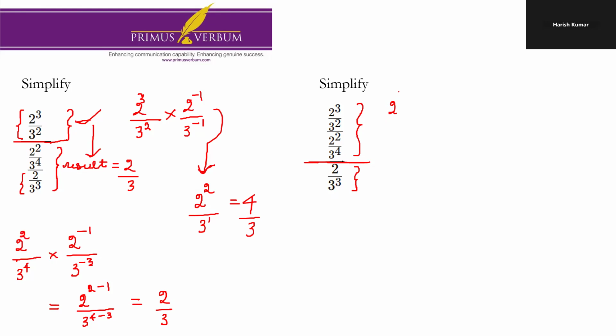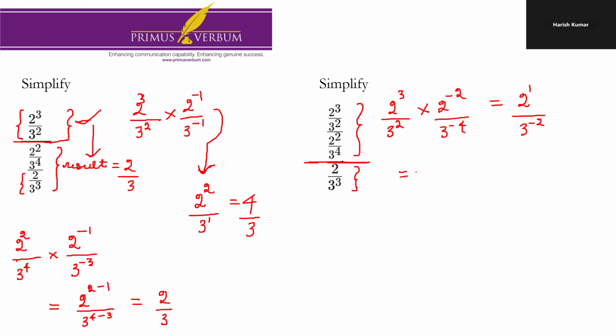So I have 2 cube by 3 square into 2 raised to the power minus 2 divided by 3 raised to the power minus 4. This is going to give me 2 raised to the power 1, adding up the two exponents, 3 and minus 2, divided by 3 raised to the power minus 2, by adding up 2 and minus 4.